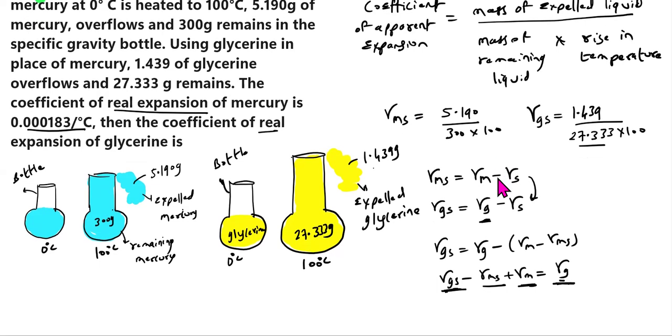So can you work out the calculations? Okay, let me calculate. This 5.190 by 300, solving, we are getting this much. Similarly, 1.439.